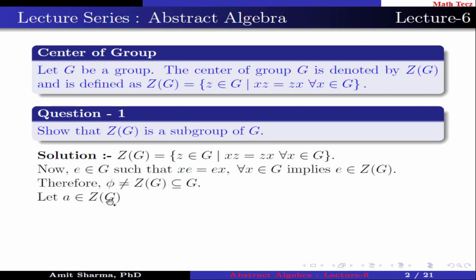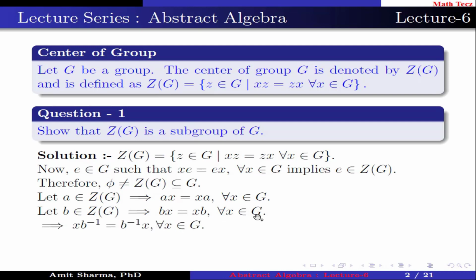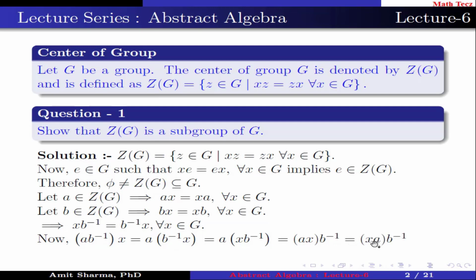Let a belong to the center of G, which implies ax equals xa for all x belonging to G. Let b belong to the center of G, which implies bx equals xb for all x belonging to G, which further implies xb inverse equals b inverse x for all x belonging to G. Now ab inverse times x can be written as a times b inverse x, which is a times xb inverse, which is ax b inverse, which is xa times b inverse, which equals x times ab inverse.